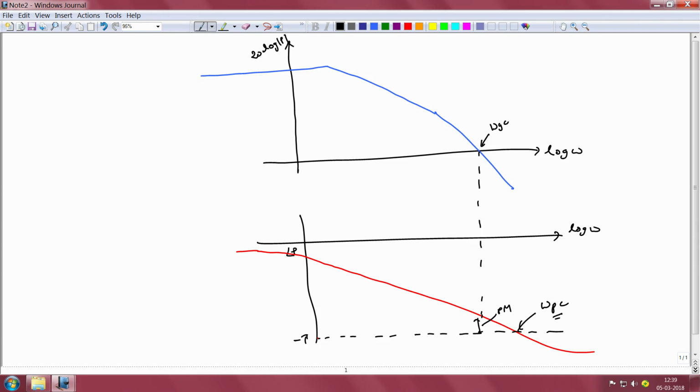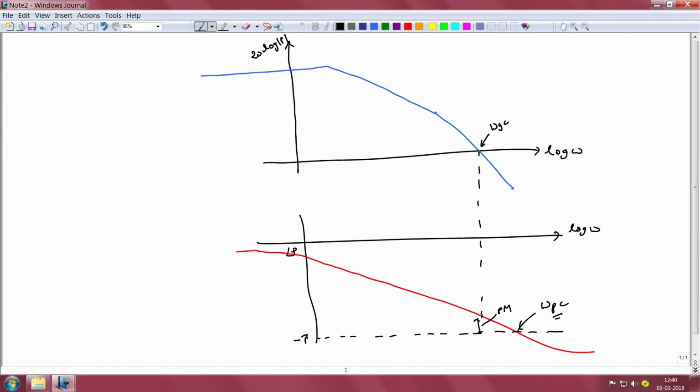Now since we are interested in achieving a minimum extent of stability for our closed loop system, and we discovered that there is a direct correlation between the stability of our closed loop system and the phase margin, because the phase margin is related to the closed loop damping, and the closed loop damping is in turn related to how far away our closed loop poles are from the imaginary axis and therefore away from the threshold of instability.